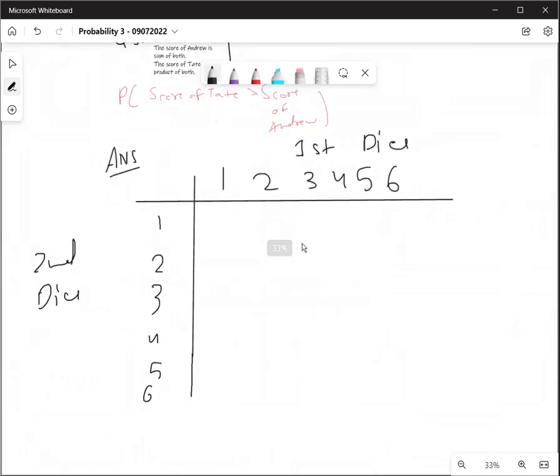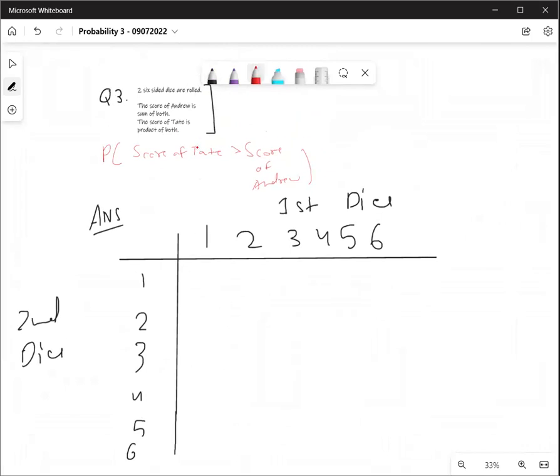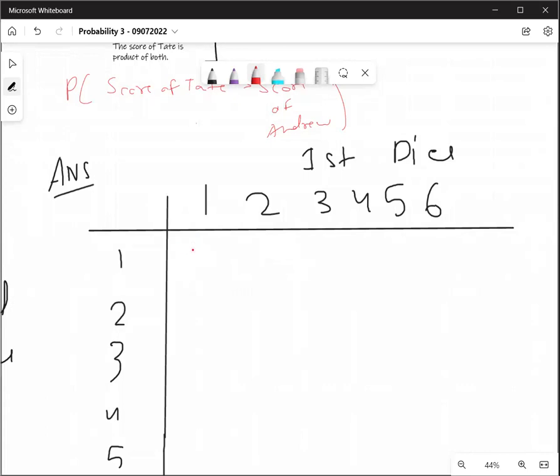Yep. Okay. Now let's try to find the score of Andrew and Tate. What is the score of Andrew, Anas? It is the sum of both, right? So let's say this is the sum of both. So 2, 3, 4, 5, 6, 7.